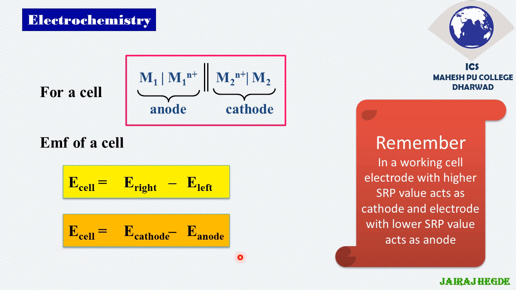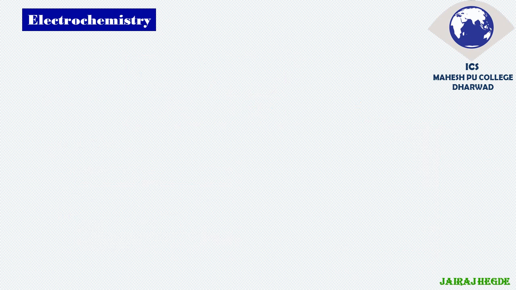So cell potential is the potential difference of cathode to anode. E cell does Ca. Remember this shortcut. E cell does Ca means E cell is E cathode minus E anode. Cathode minus anode.